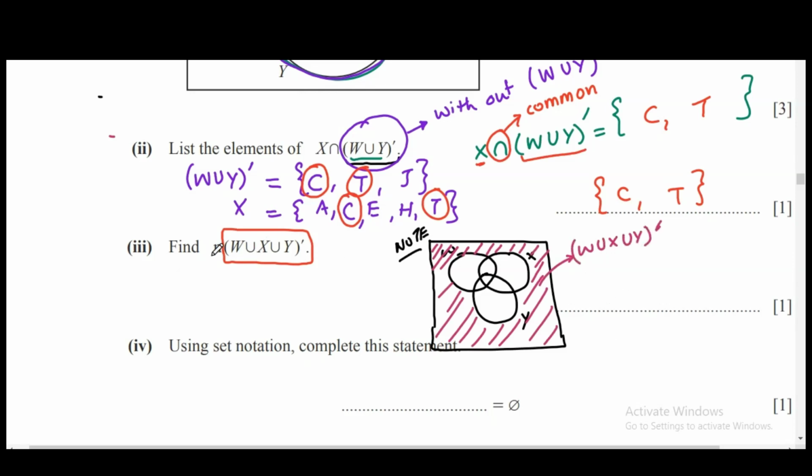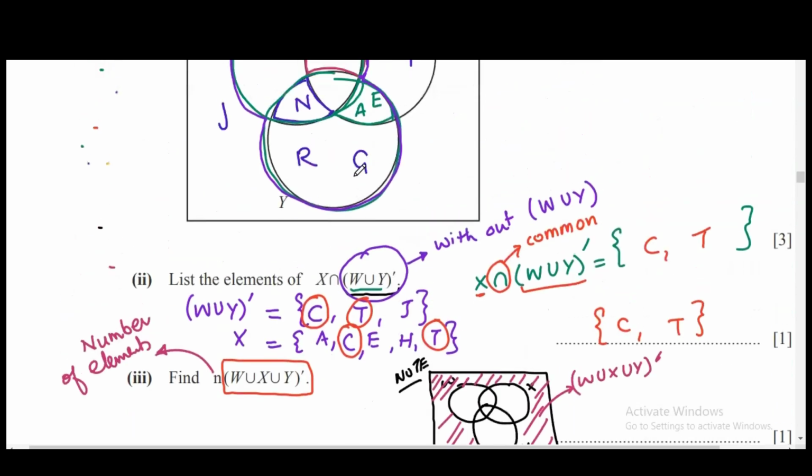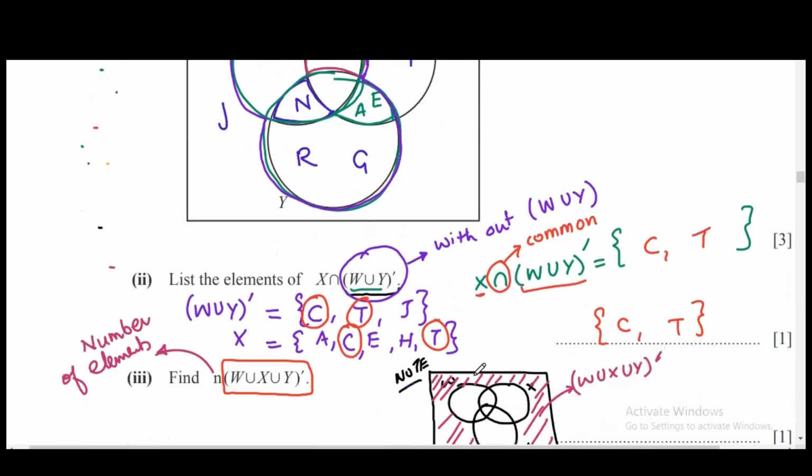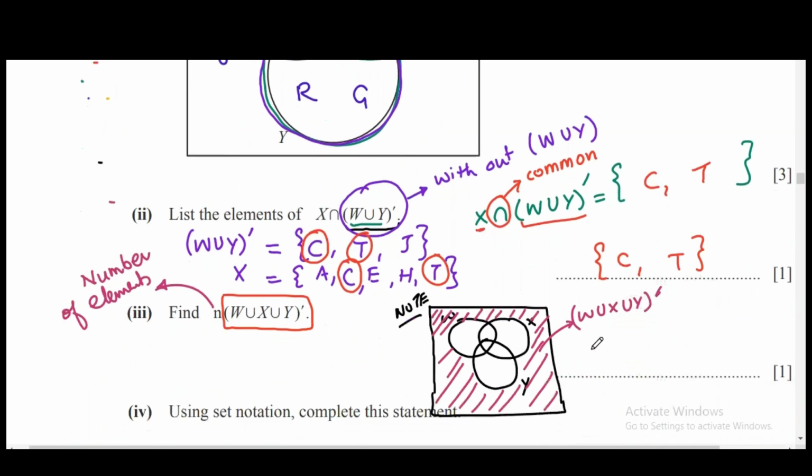But you have to find n of this. n means number of elements. So observe in the Venn diagram how many elements are beyond the W, X, and Y? Only one element. J is beyond the X and Y. So only J is the answer.